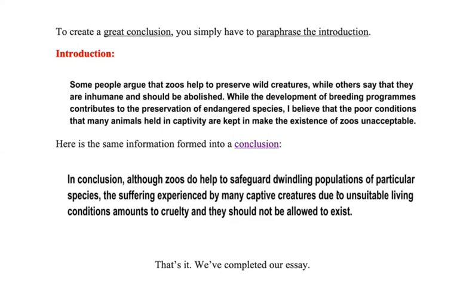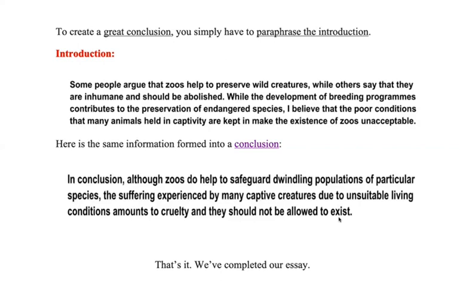So in this way, we have just paraphrased the introduction, and then here you could say the first one, safeguard, is one of the main points, and then this is the second point: unsuitable living conditions amounts to cruelty, and they should not be allowed to exist.